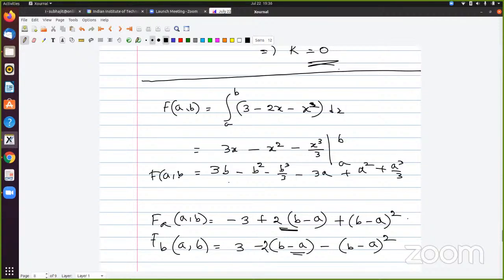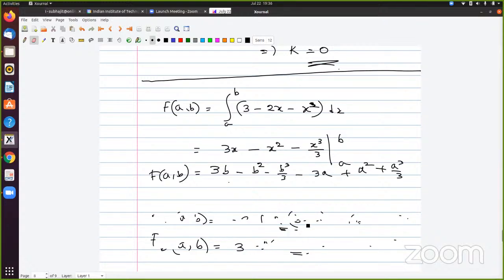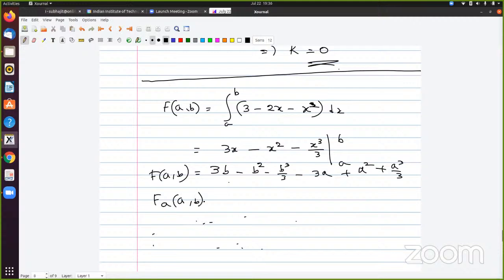This is your f(a, b). Now you have to do the calculations. I just put b minus a all over there. So what is your f_a? This is minus 3 plus 2a plus a squared. And what is your f_b? 3 minus 2b minus b squared.